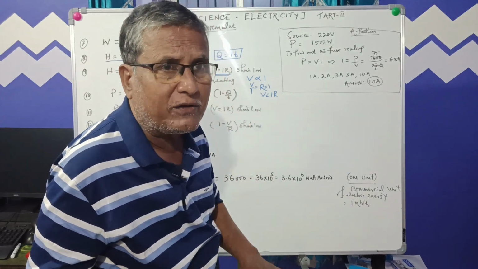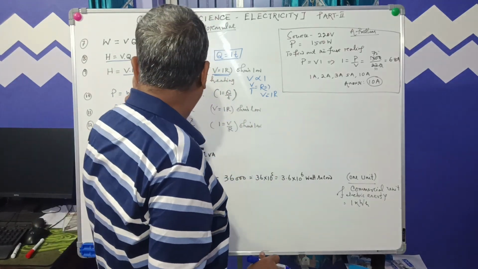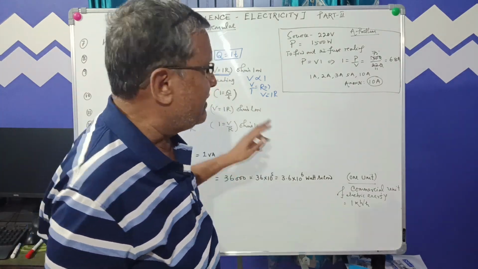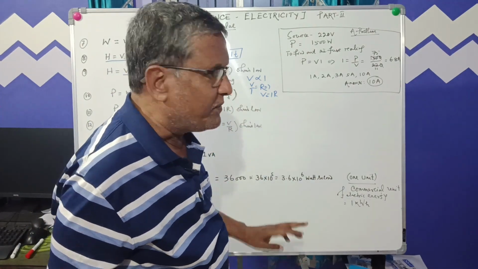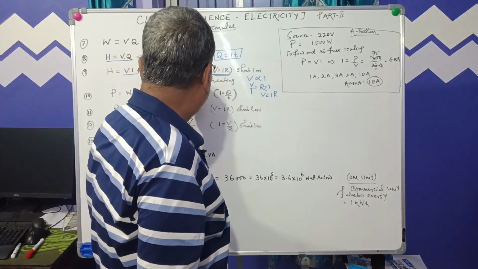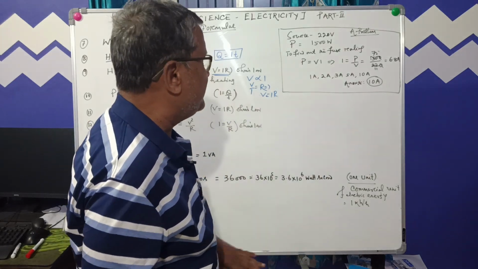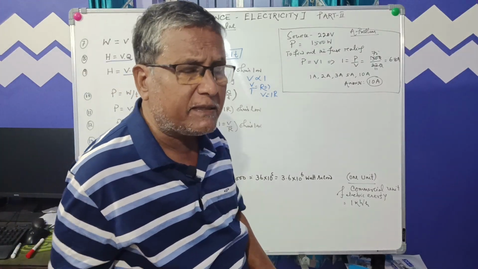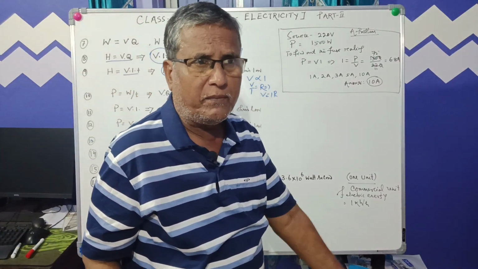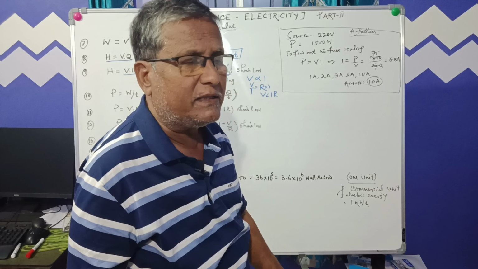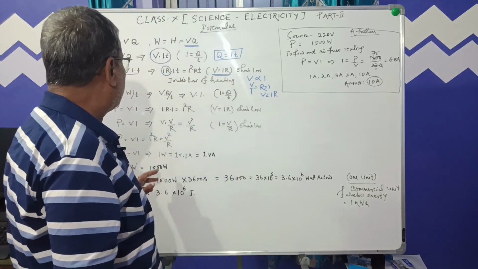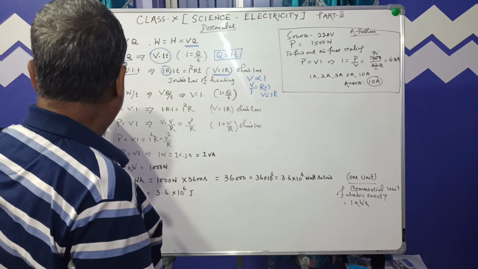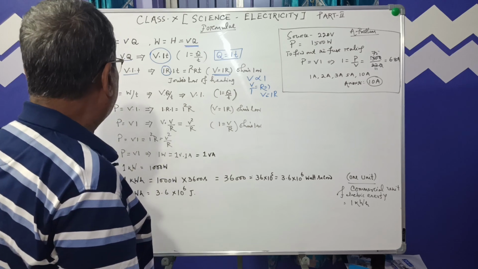So three factors are responsible to determine the amount of heat dissipated in the circuit: the current, resistance and time. That is called Joule's law of heating, and it is an expected question in the upcoming board examinations. So please come to the next one, formula number 10.